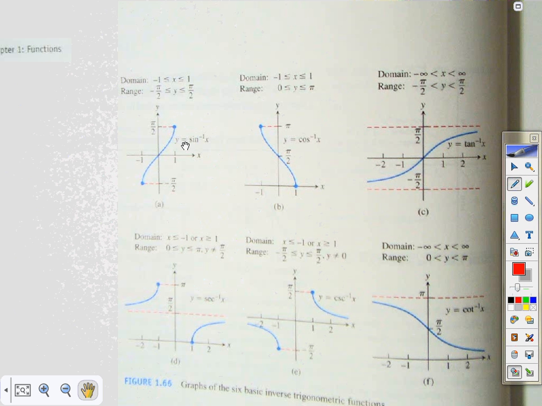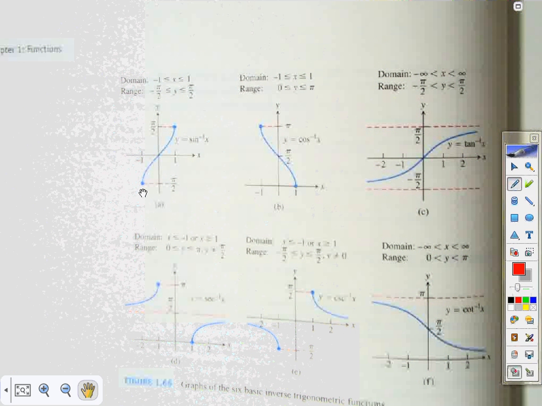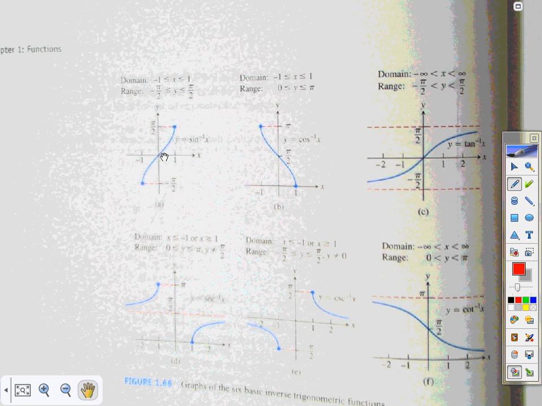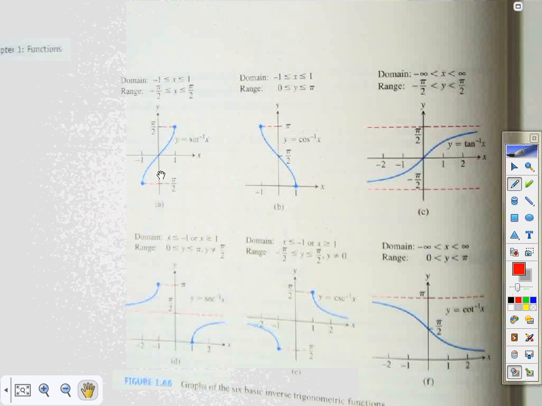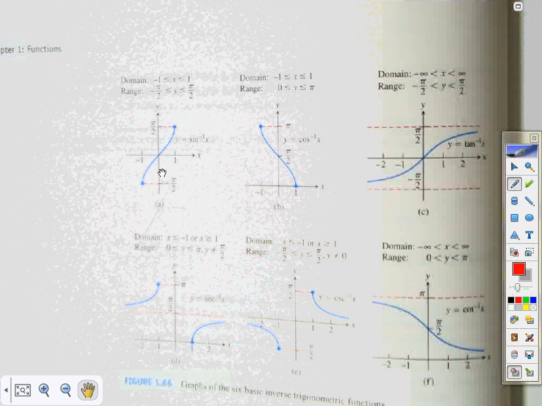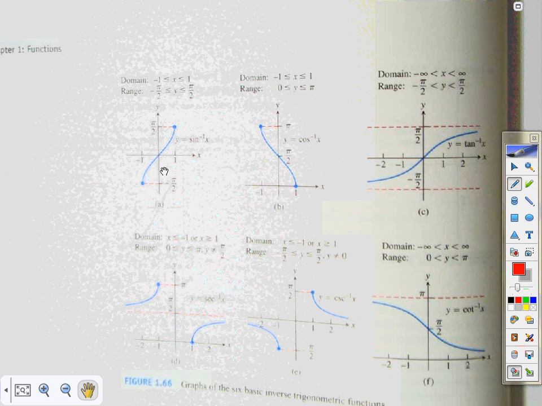They just switch x and y, horizontal. All right, so we've got a one-to-one function, y equals sine of x, that they set for us in the book.